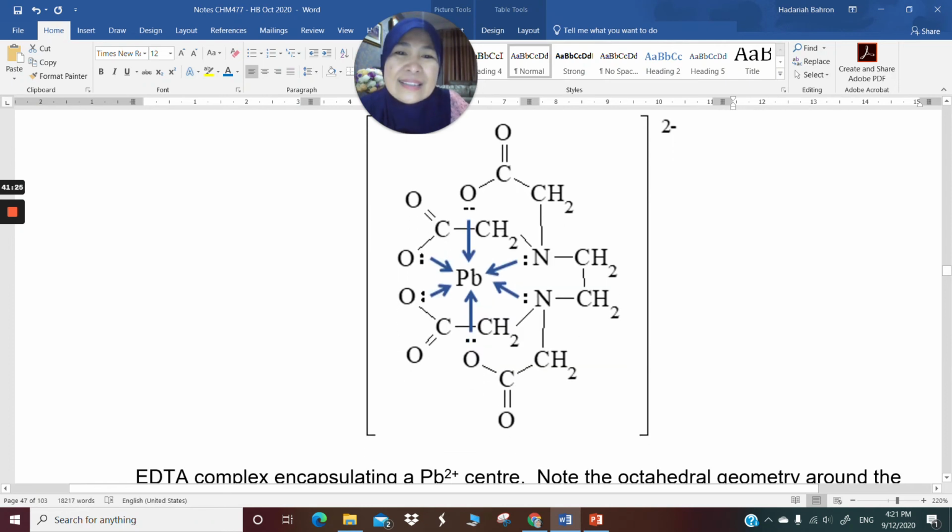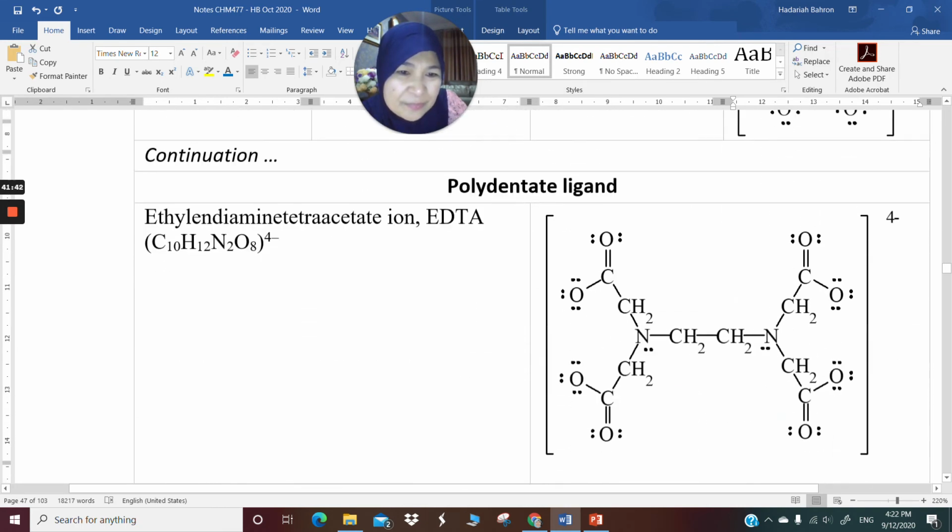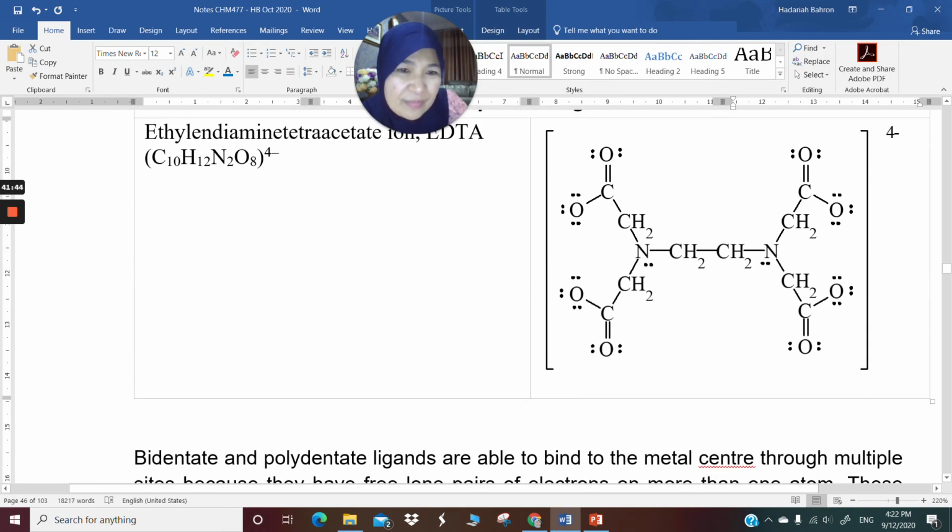I think, yeah, this is one example. This is a polydentate EDTA. If you do not recognize this molecule as EDTA, you just have to go back here. It binds from these two nitrogens.